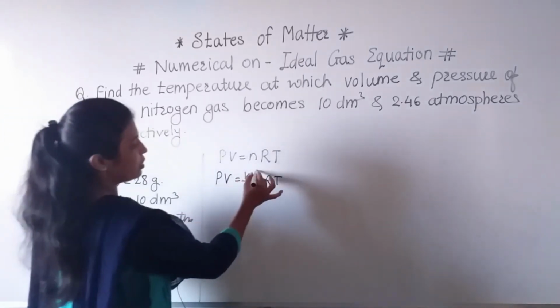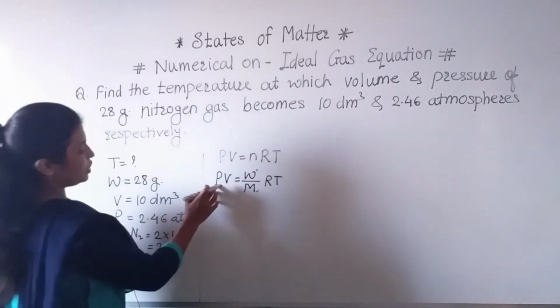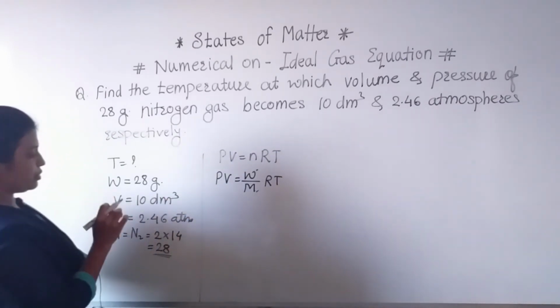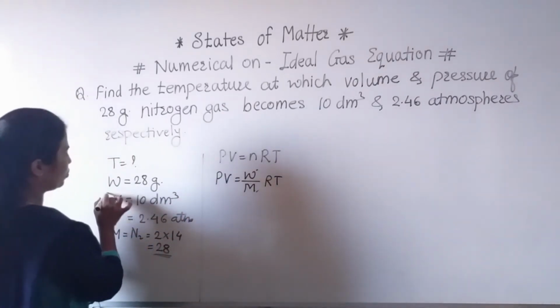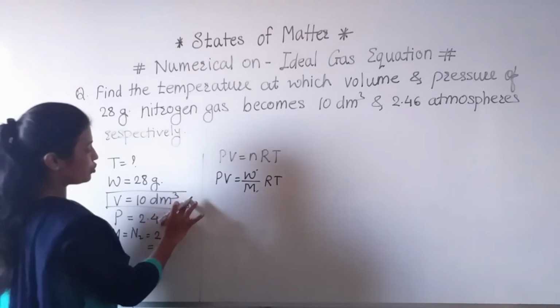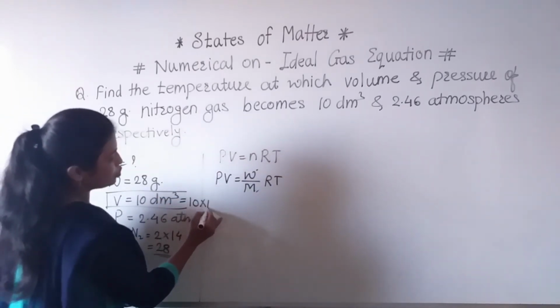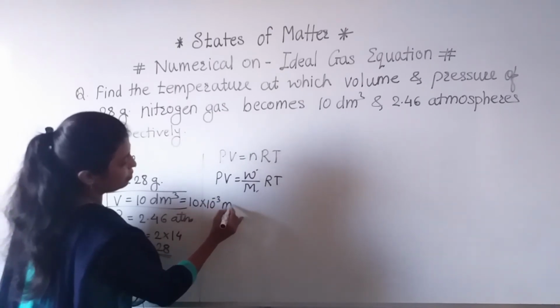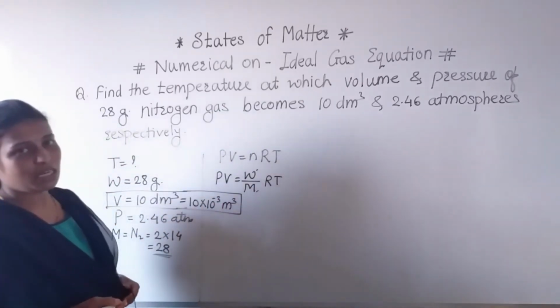So here W is with us, M is also with us. Now we know the volume as well as the pressure. But one thing is that here we have to convert the volume into meter cube. For that purpose, we have to multiply with 10 raised to minus 3. It will become 10 into 10 raised to minus 3 meter cube.